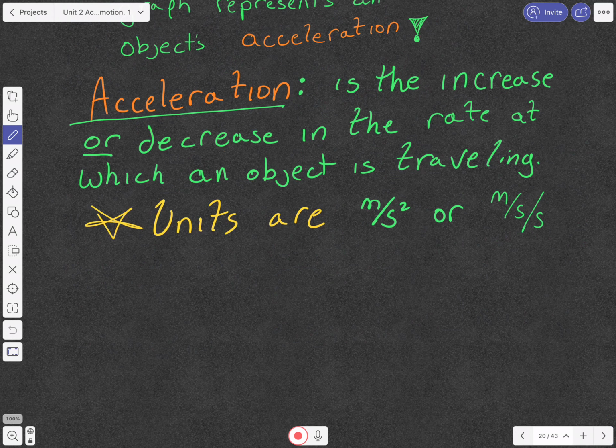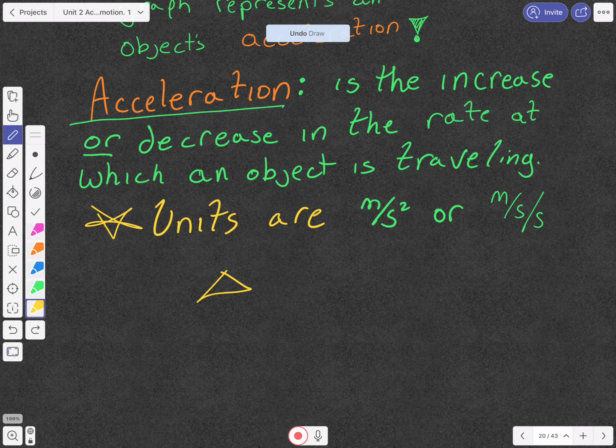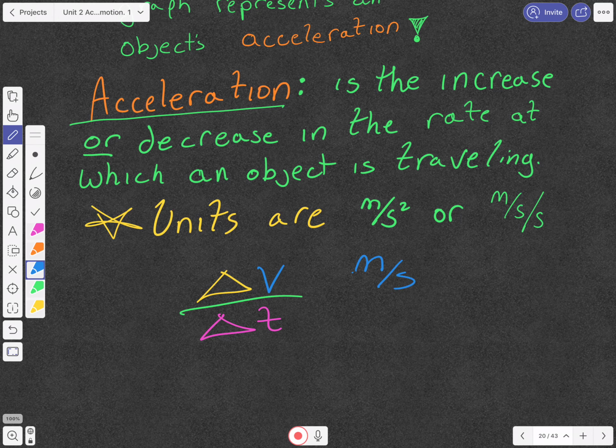So remember, the units for this are going to be meters per second squared, or meters per second per second. So, like we had before, our delta V over our delta T. Remember, our change in velocity is going to be in meters per second, and then our change in time is going to be measured in seconds.